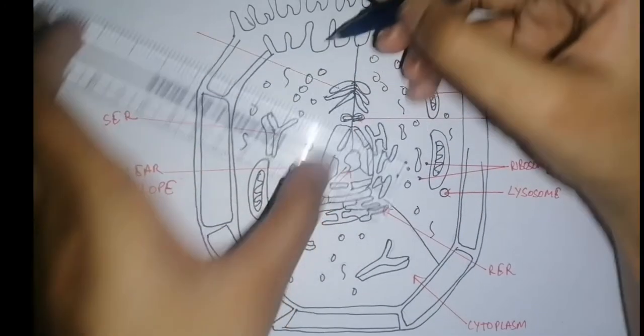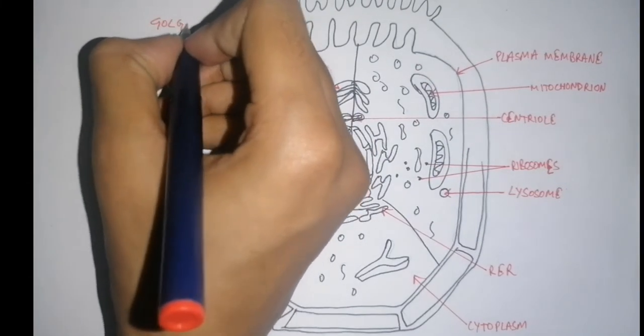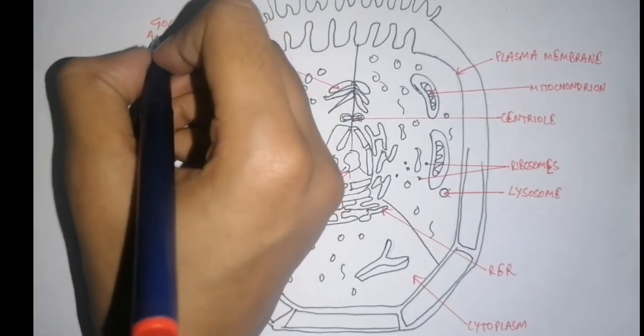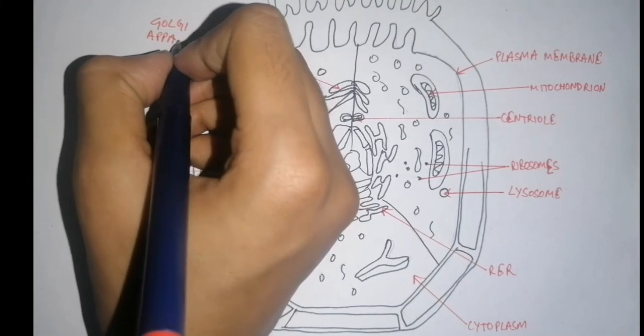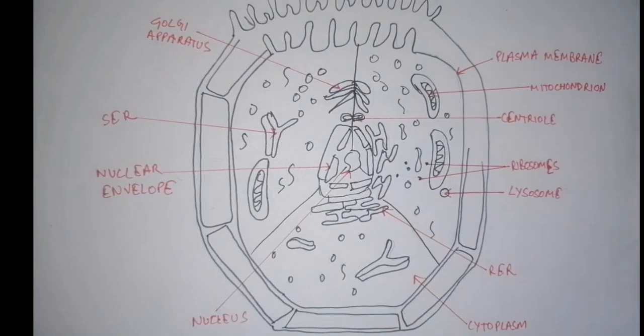And at last we have Golgi apparatus. So we are done with our animal cell as well.